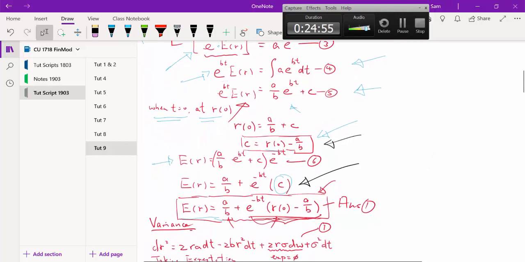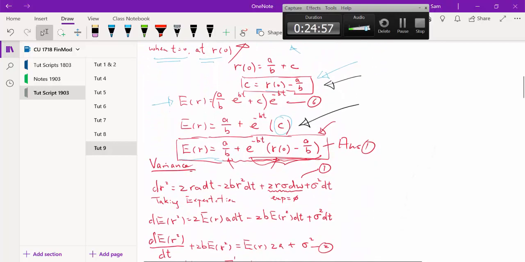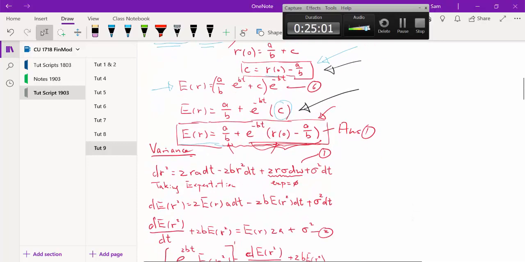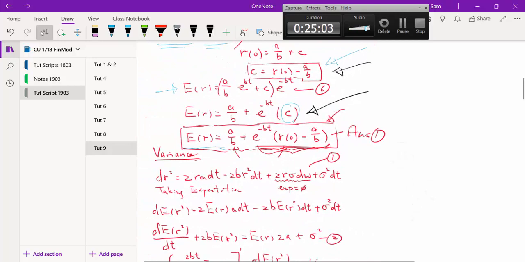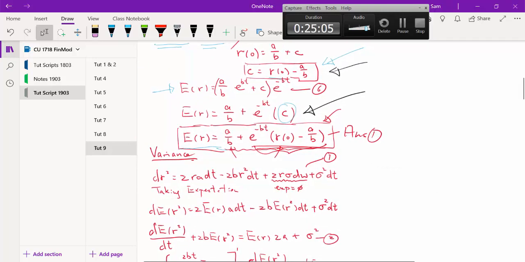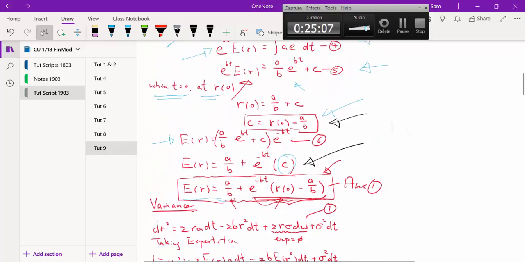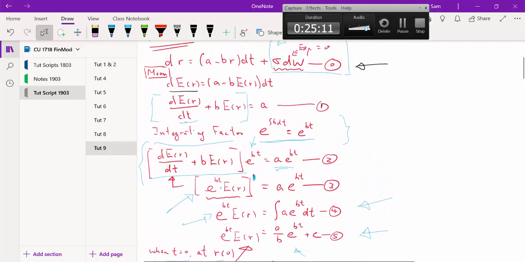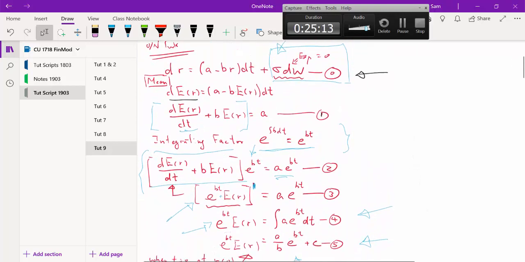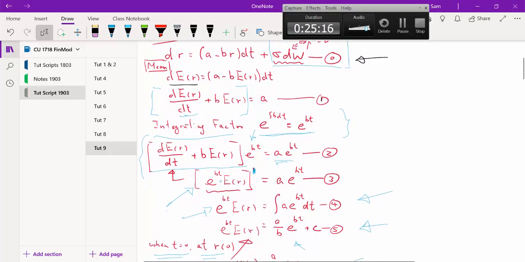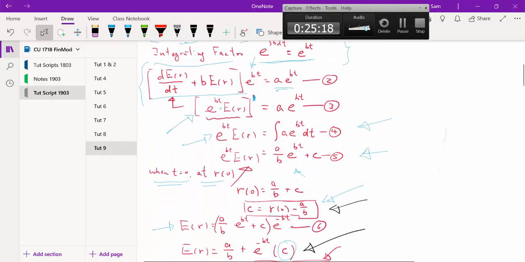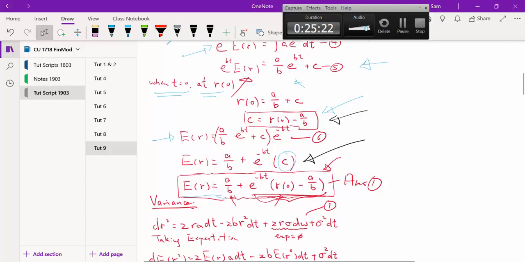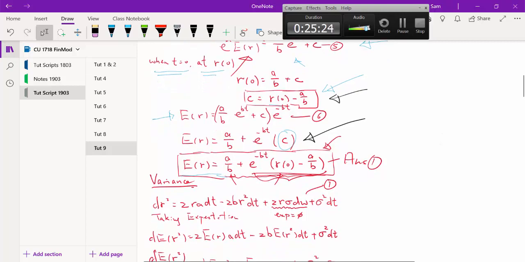Now, as for the variance, which I'm doing here. There is a step missing.